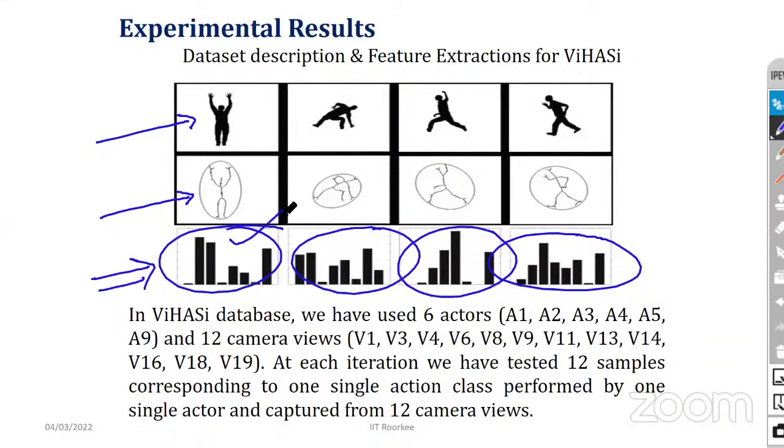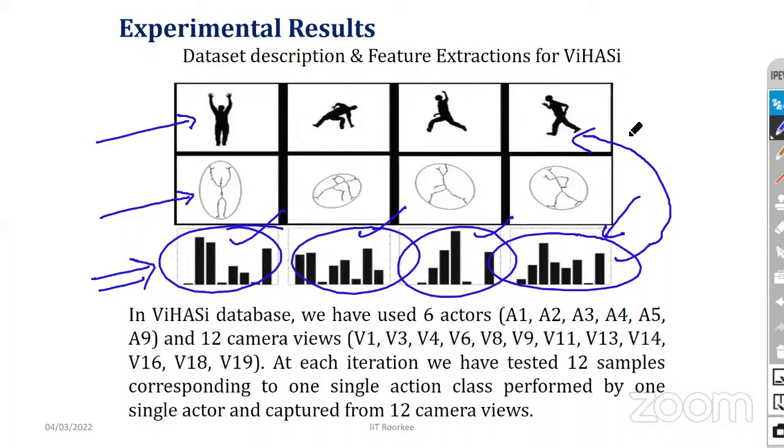What is this? For example, we already trained our model. Suppose I'm looking for what this is. So I have to apply my LDA classification algorithm and find out what this is. That will give you that the person is running.